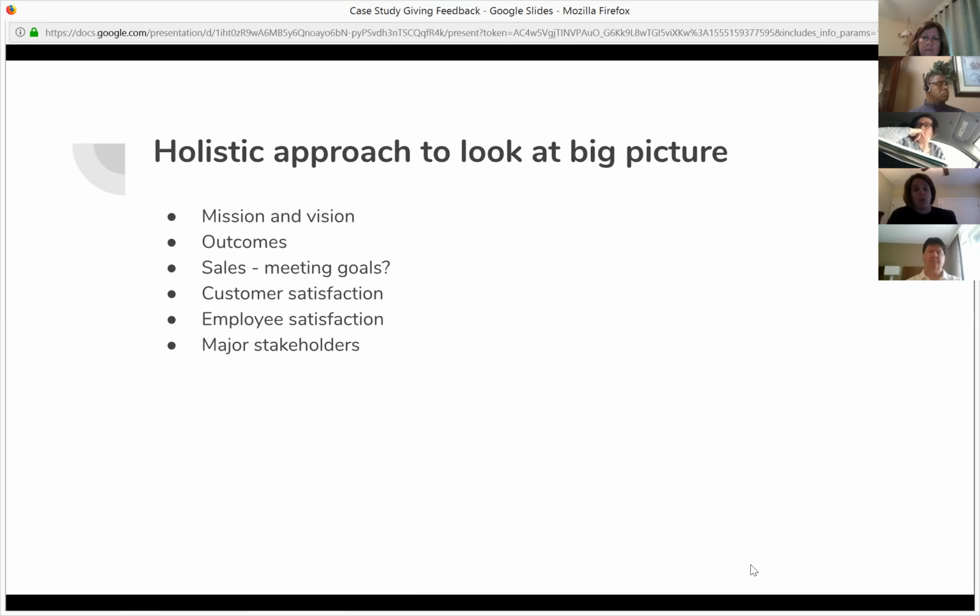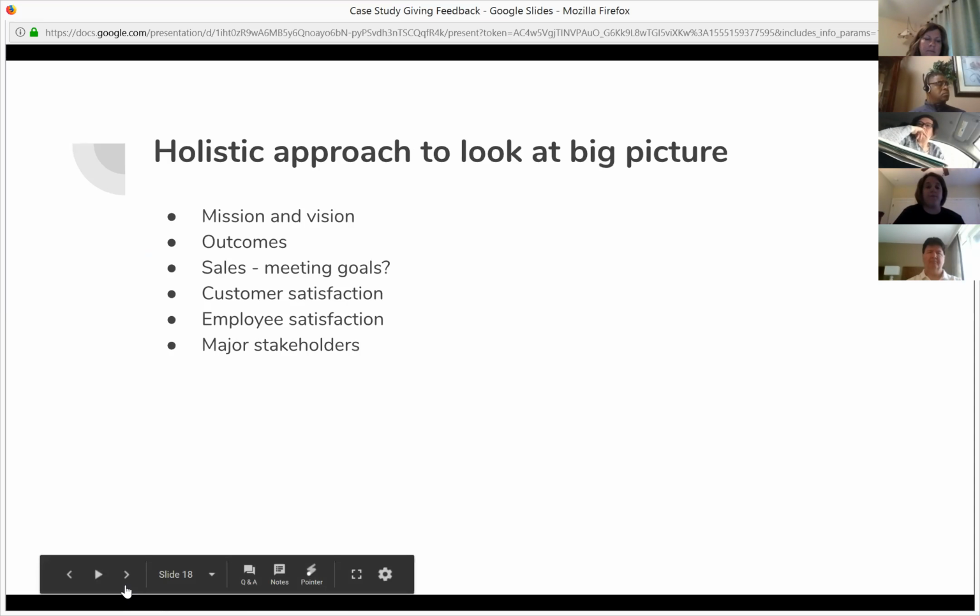Their sales, so they're in some kind of sale because they have customer service. So are they meeting those goals? We think that looking at customer satisfaction would be important, especially looking at employee satisfaction. So maybe they need to do an employee satisfaction survey, and we can use that data then to give that feedback to Jasmine on her leadership, and then talking to those major stakeholders as well.